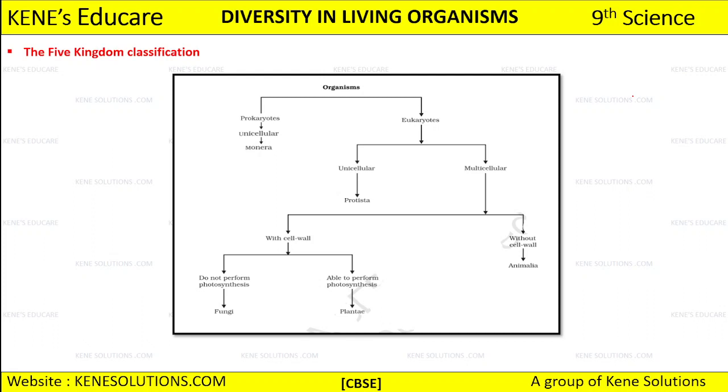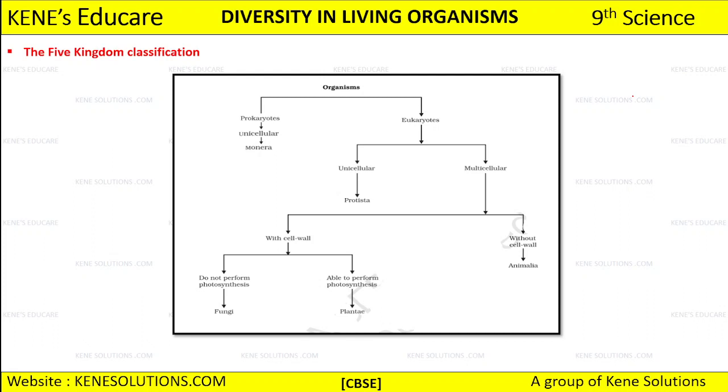So here in eukaryotes, we have eukaryotic unicellular kingdom Protista, and then multicellular we have of two kinds, one with a cell wall and the other without a cell wall. So the one with the cell wall performs photosynthesis, that includes kingdom Plantae, and the one that doesn't perform photosynthesis includes kingdom Fungi.